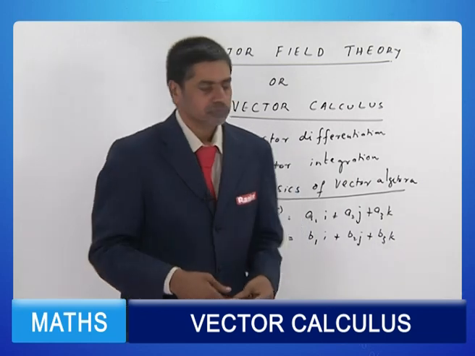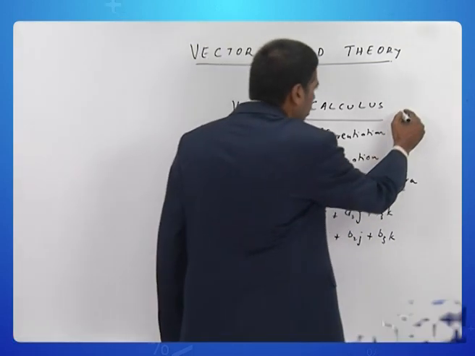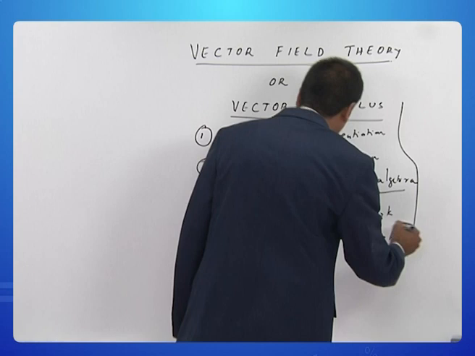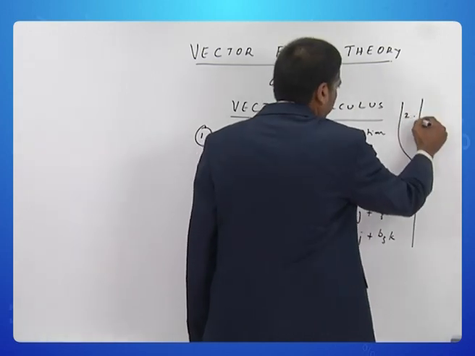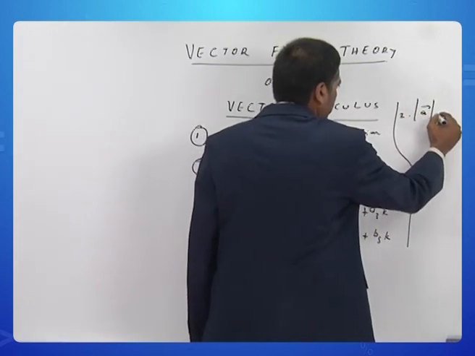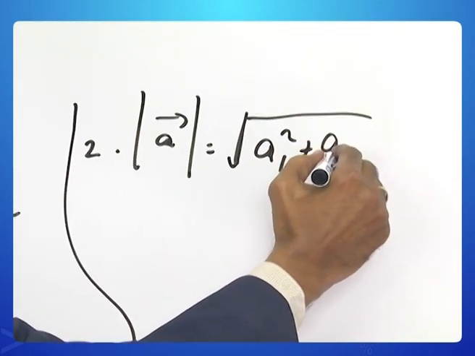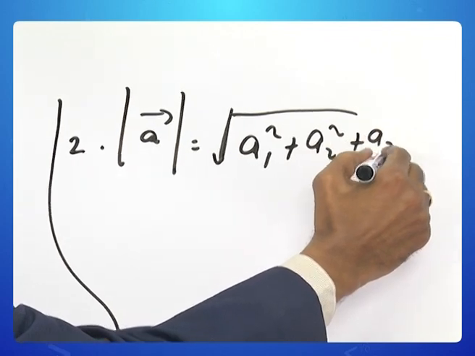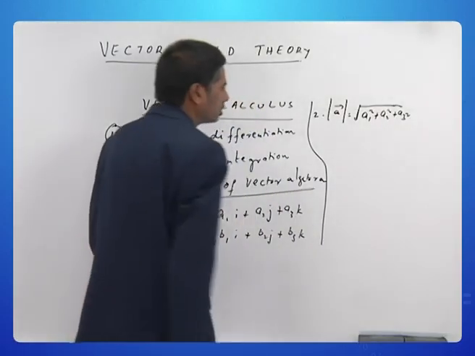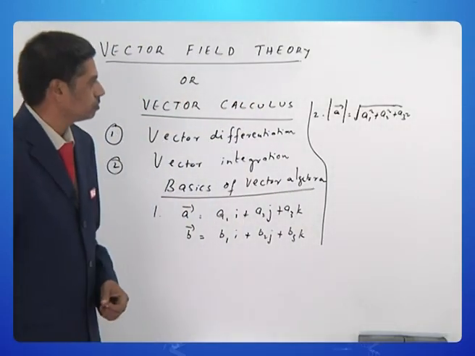For example, we can have the magnitude of A defined as square root of a1 square plus a2 square plus a3 square. This is nothing but the length of the vector.